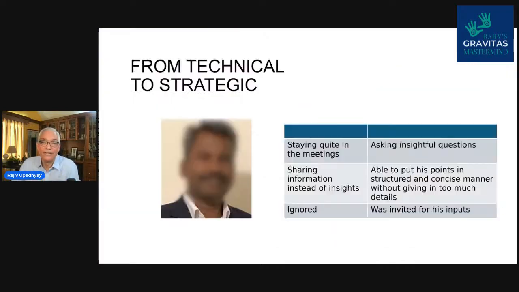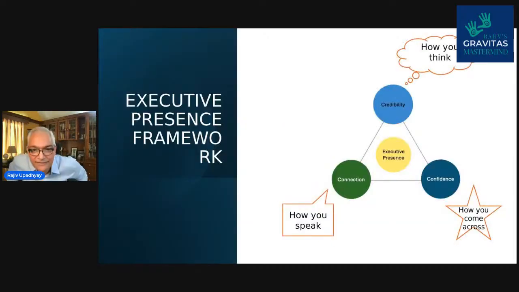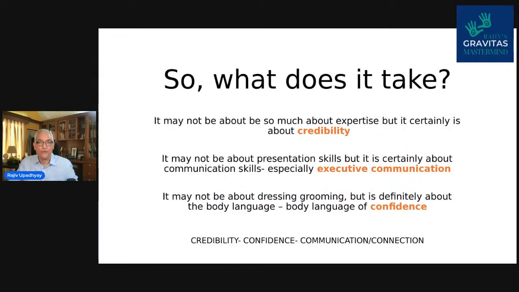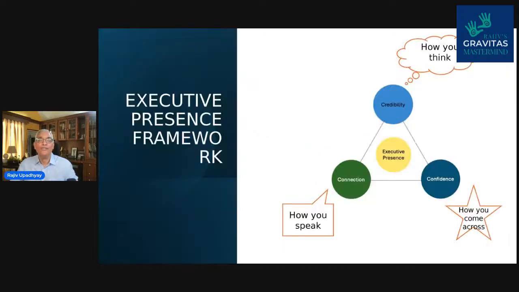What is the one way that I can continue to do that? So there is a triangle of executive presence framework, which I call credibility, connection, and confidence. If you remember the last slide that I showed you, this was about credibility, communication, and confidence. So you need to be able to bring these three things together.